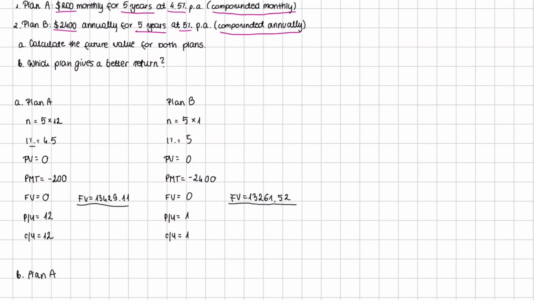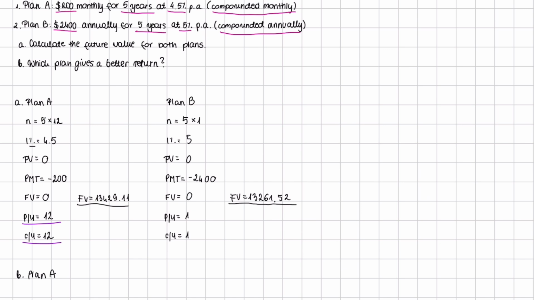And also, if you have any doubts about this P/Y and C/Y, because I know that my students during tutoring have some problems with it, C/Y always stands for compounding periods.